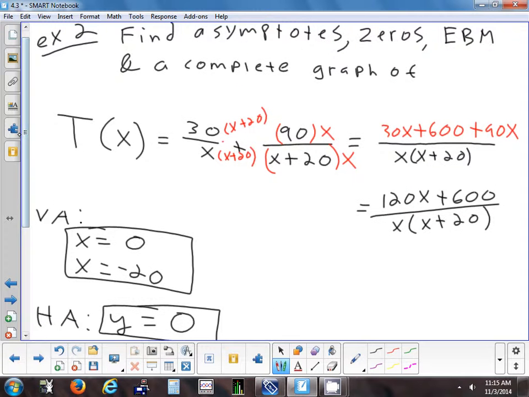So the zeros are when you take that fraction, set it equal to 0. What's the only way a fraction can ever equal 0? What has to happen to make a fraction 0?